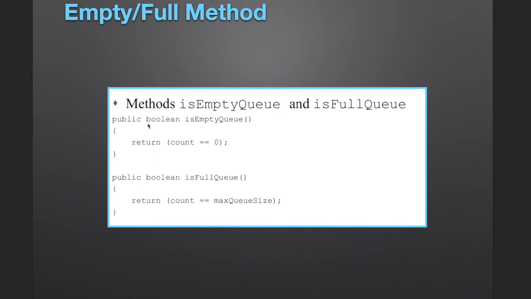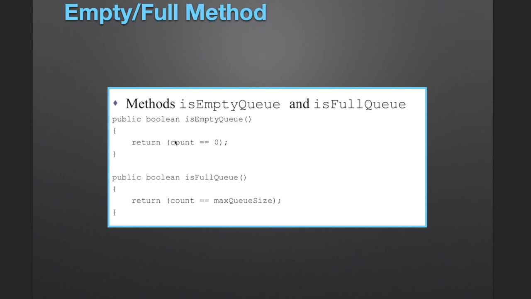You're going to have an isEmpty method that returns true or false. It returns true if your queue is empty, false if it's not empty. If you remember, with stack, we had this variable named top, right?